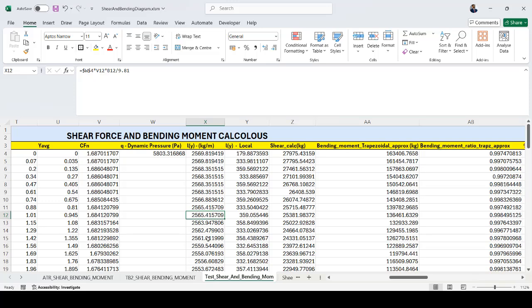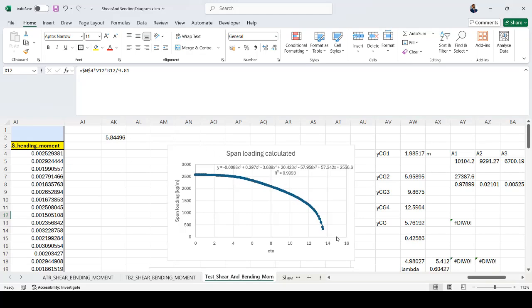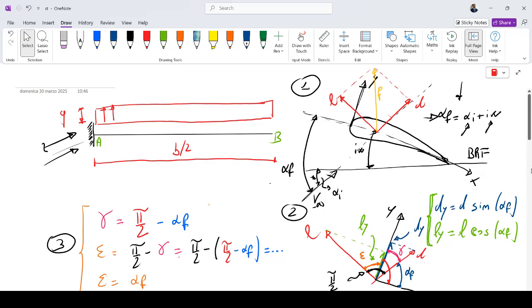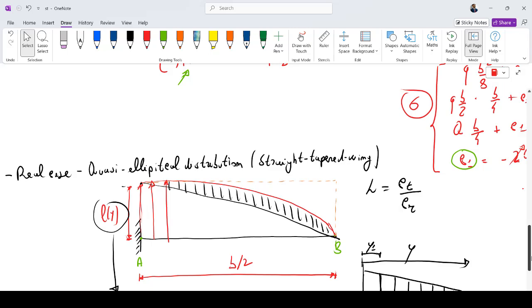Along this column we have the Ly, that is this graph. So we have it quite similar, but in the end we have 0. The last station, that is 13.53 meters, if I remember, is 0. So this is a non-uniform distribution, something like this one.